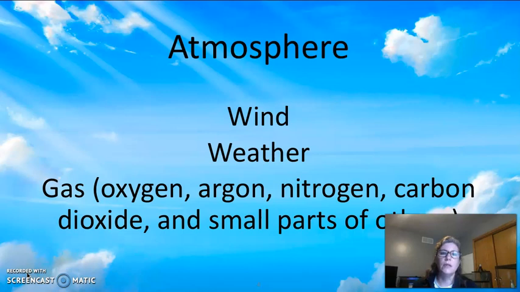I think there was even a clip of a hurricane, and I know we looked at some of the satellite images of hurricanes in class at the beginning of the year. So all of that happens in our atmosphere. Also remember that gas is in the air. The air is made of oxygen, argon, nitrogen, carbon dioxide, and small parts of several other gases.